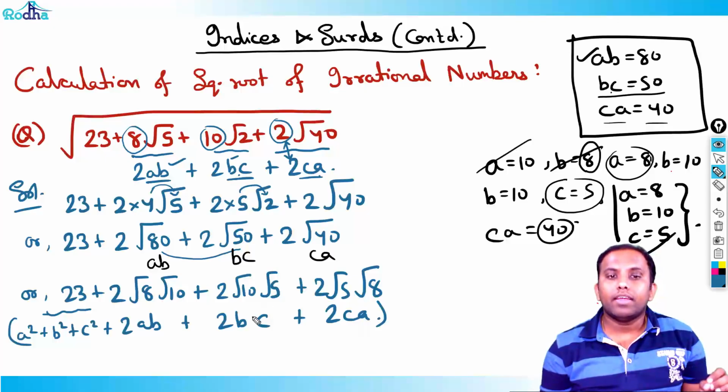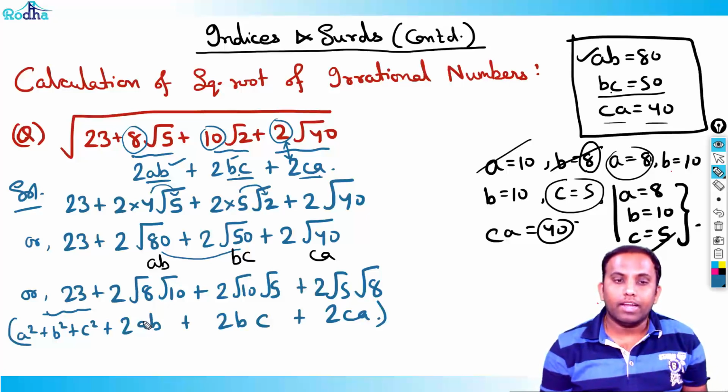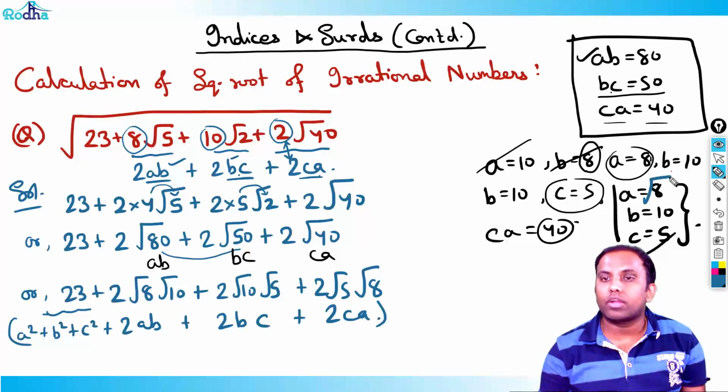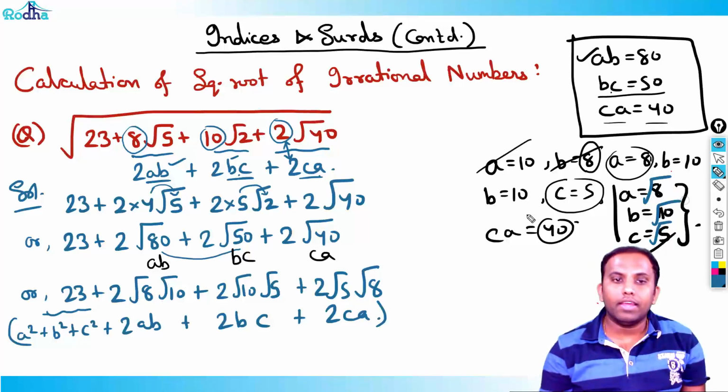Actually A is not 8 here. A is root 8, B is root 10, C is root 5. We just eliminated the root to see these numbers here.